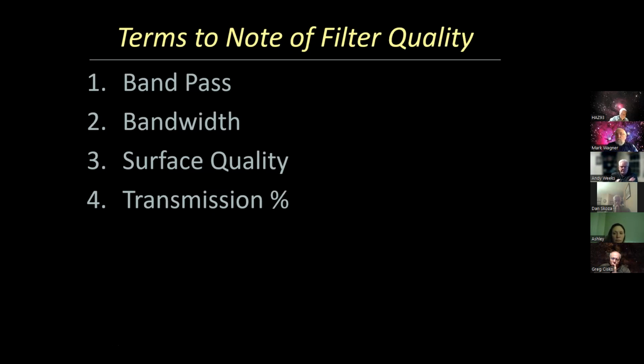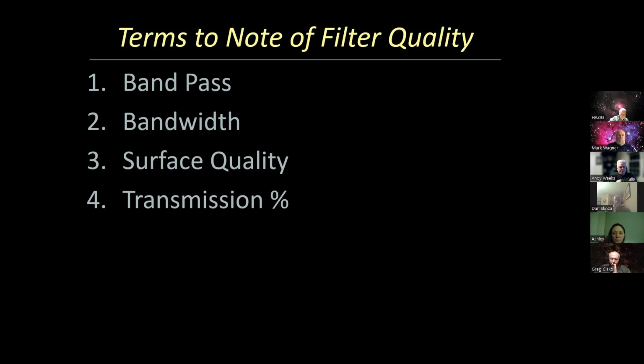Yep. So some of the terms, if you're doing research on a particular filter, you want to take a look at: band pass, bandwidth, surface quality, and probably the biggest ones you want to know about are bandwidth and transmission percentage.